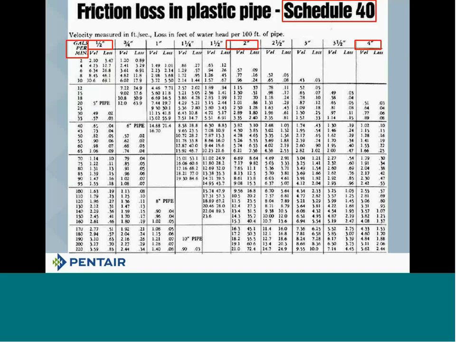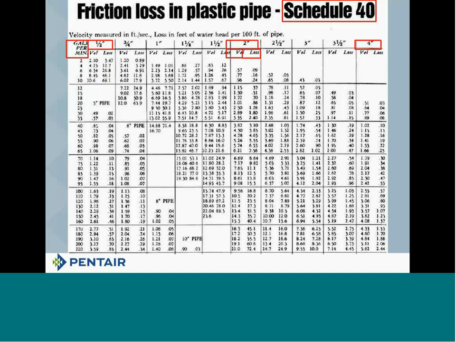If you look at that 2-inch column, you'll notice each of the pipe-sized columns are broken up into 2 columns. One is going to give you the velocity of the water as it moves through the piece of pipe. The other one is going to give you the friction loss of that water moving through the piece of pipe. Now remember, friction loss is something that you're paying for, and not getting any use out of.